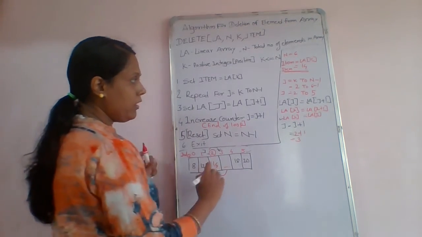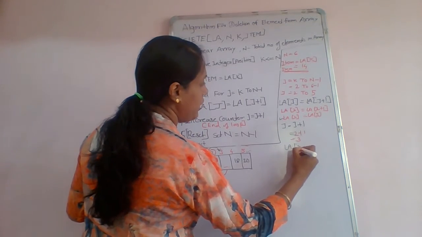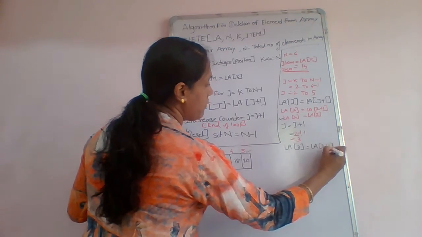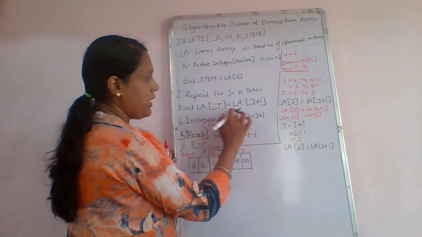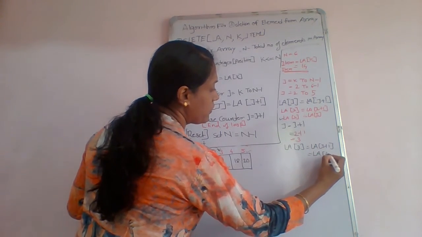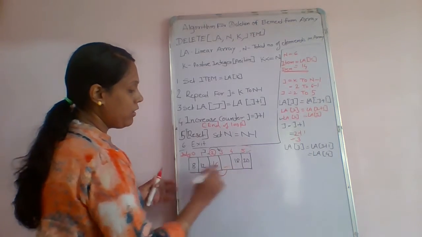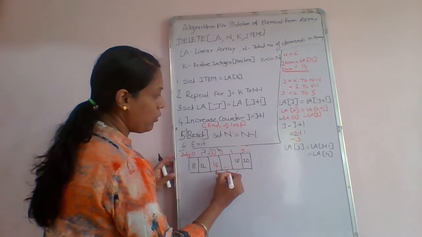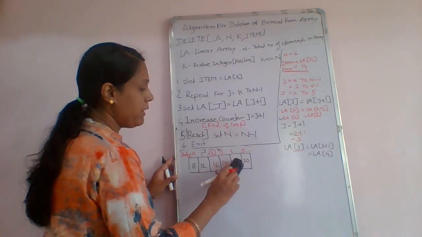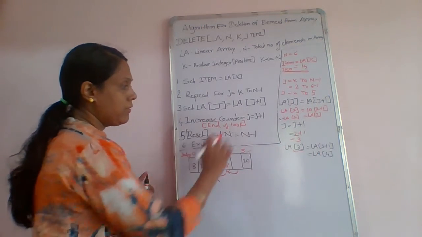So now LA of 3 equals LA of 3 plus 1 by using this statement, LA of j equals LA of j plus 1. So LA of 4. What is the value at LA of 4? 18. So it is shifted over here, at the location 3. So 18 becomes over here and this becomes empty as we shifted this here by using this statement.